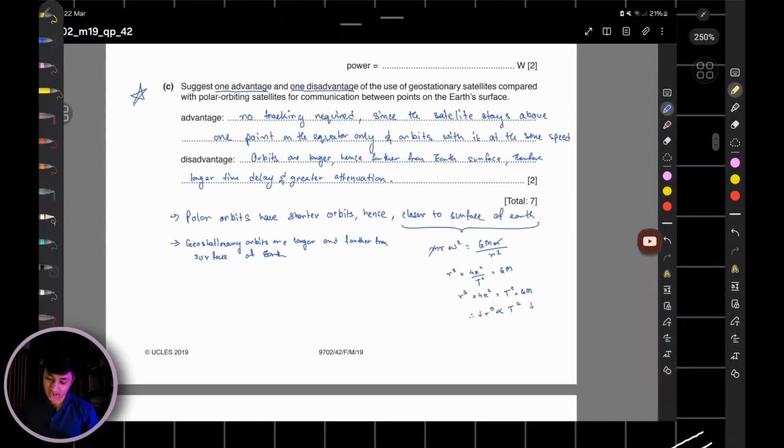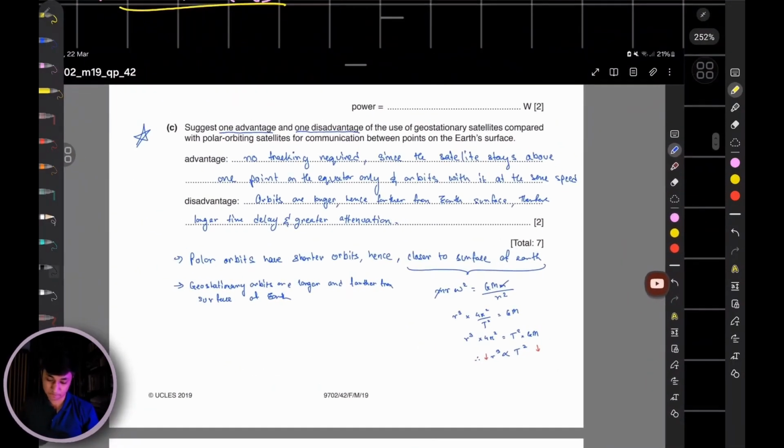So if we try a question over here: suggest one advantage and one disadvantage of the use of geostationary satellites compared with polar orbiting satellites for communication between points on Earth's surface. The advantage of using a geostationary satellite is, as mentioned, no tracking is required, since the satellite stays directly above one point on the equator and it orbits with the same angular frequency as Earth.